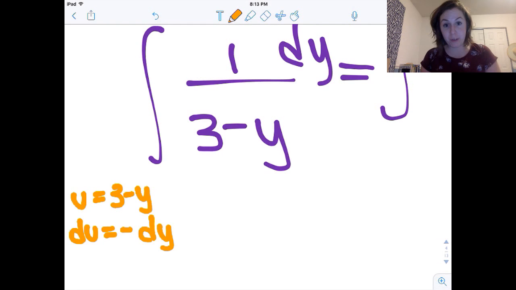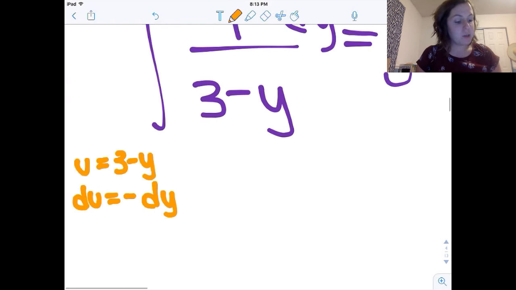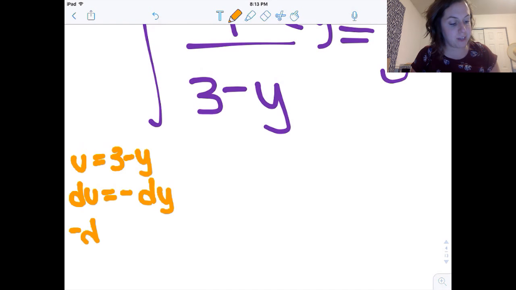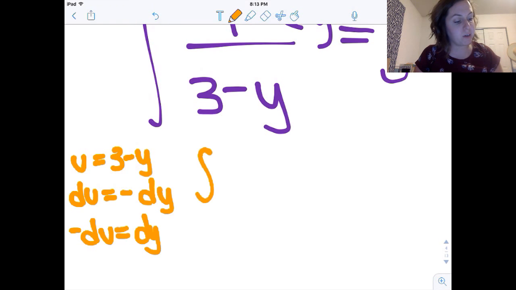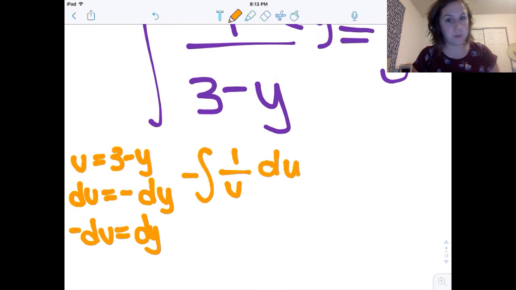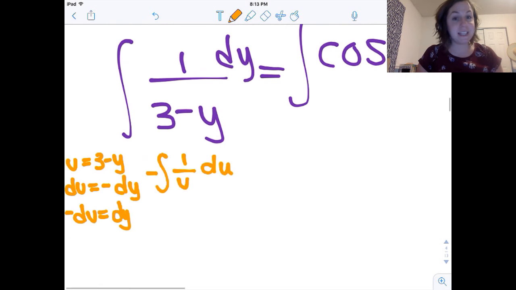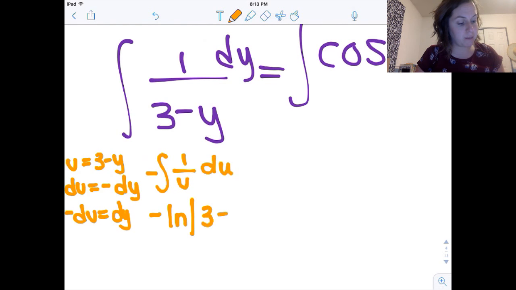So I actually would be subbing in negative du for dy. And so this becomes the integral, negative out front, of 1 over u du. So when you actually take this integral, it should be the opposite of the ln of 3 minus y. Okay, be very careful with that.